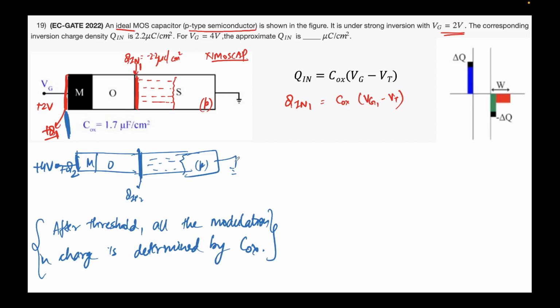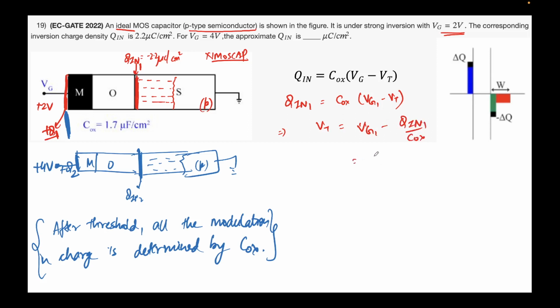And from this, I think we are good. So from this we can get Vt. Vt can be obtained as Vg1 minus Q in 1 over Cox.